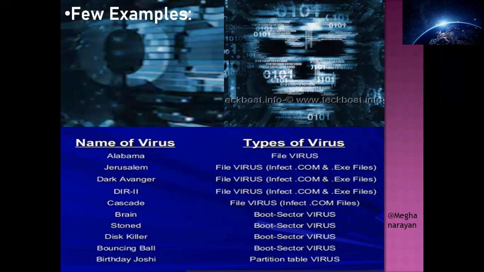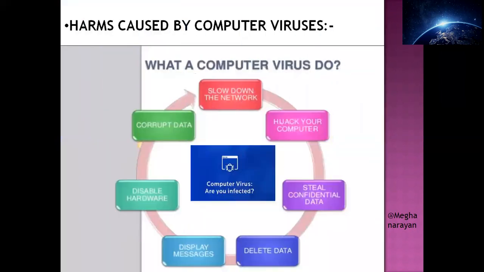Various other names are also written: file virus, boot sector virus, partition table virus, etc. Don't worry about these names. This is only for a particular purpose so that I can serve you various examples. The subject of your consideration is only the various names, the various examples of virus.